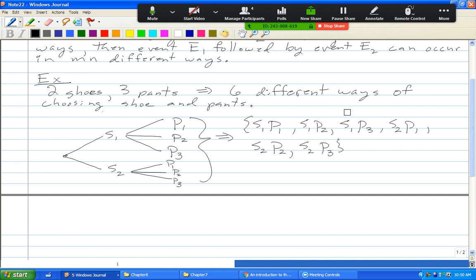So there are a total of 1, 2, 3, 4, 5, 6 different ways that I could choose between the 2 shoes and the 3 pants. So there's a total of 6 differing choices of these.